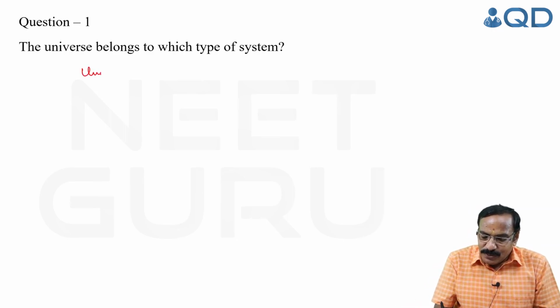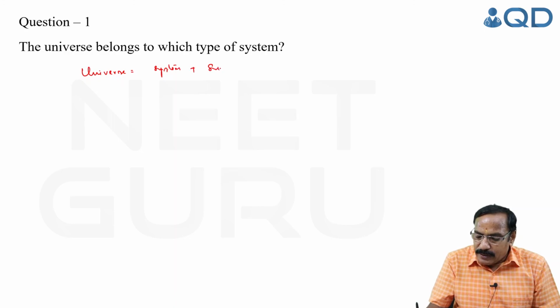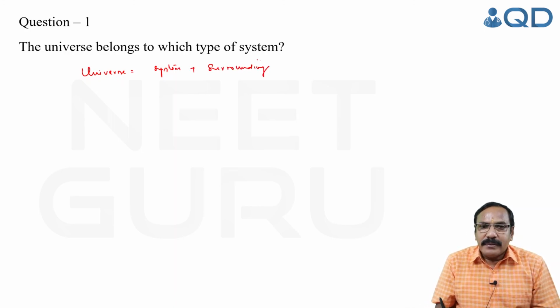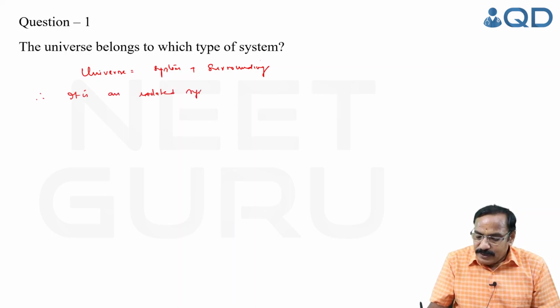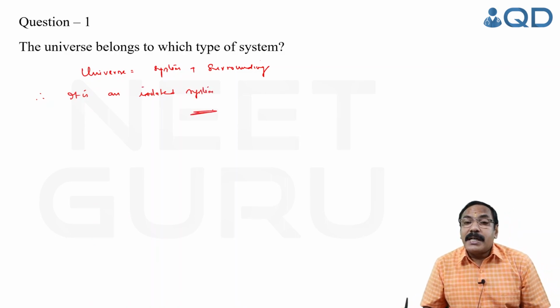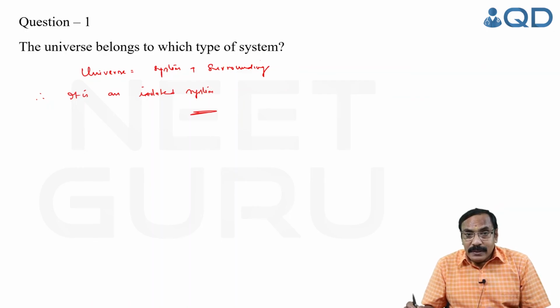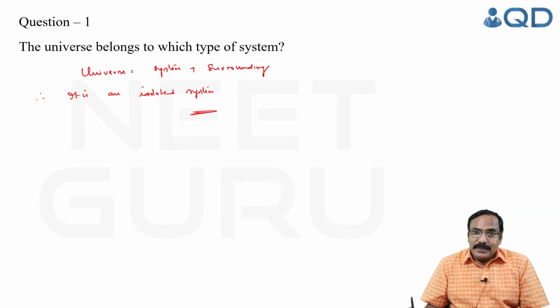It is a completely isolated one because nothing comes in or goes out. Clear now? Yes. We will be doing more interesting and important questions in our other sessions. Thank you.